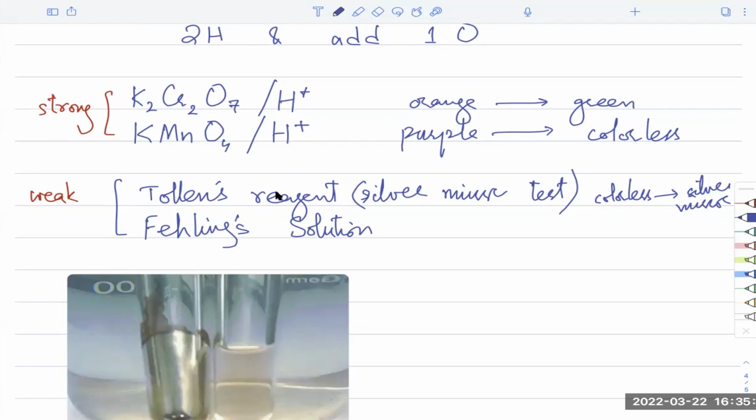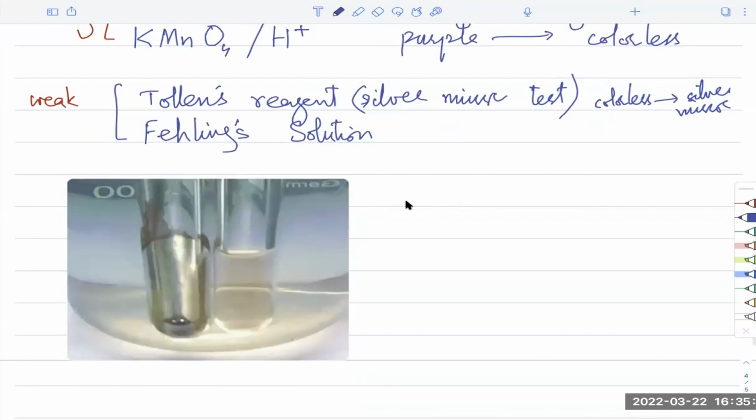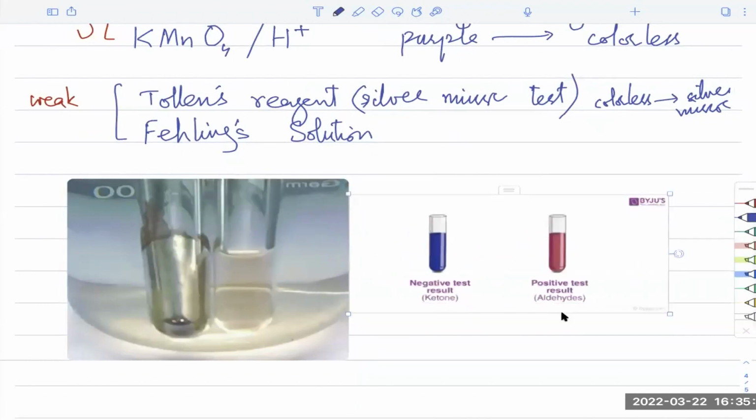Similarly, Fehling solution has a copper ion in it. Okay, and because of that copper ion oxidizing, it can change different colors, and the colors are originally blue, and then it goes red if oxidation happens. So if oxidation successfully happens, it goes from blue to red. Okay, so just ignore everything else that's there.